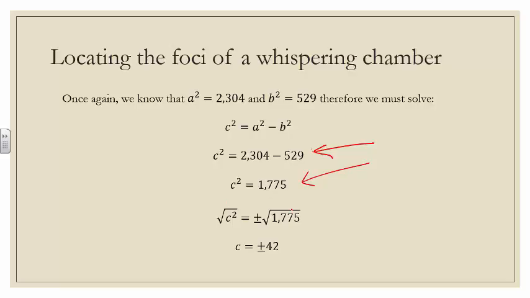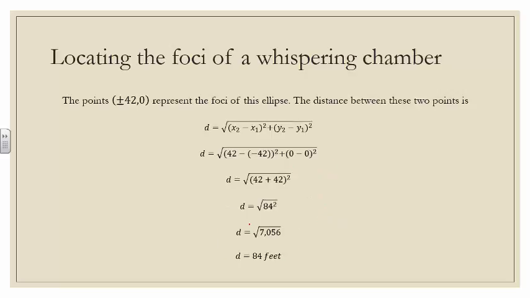We square root both sides, and we get c equals the positive or negative square root of 1,775. Entering that into your calculator, we find that c equals approximately plus or minus 42. That's an approximation. We're talking about feet, so we just round to the nearest whole number. The points positive or negative 42, 0 represent the foci of this ellipse.